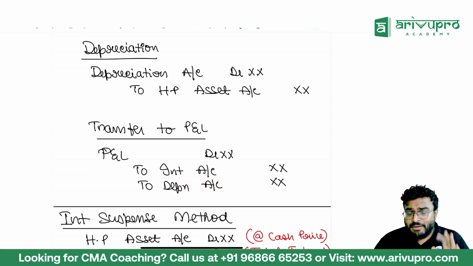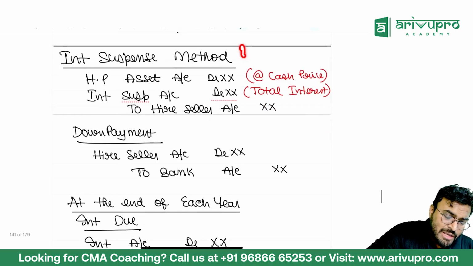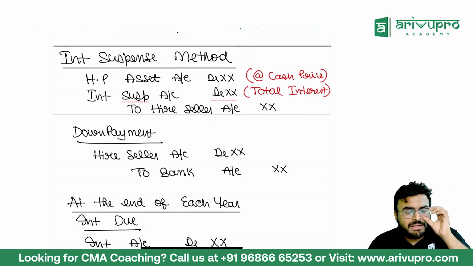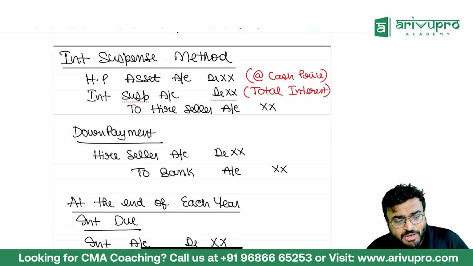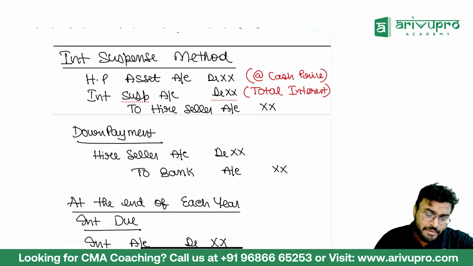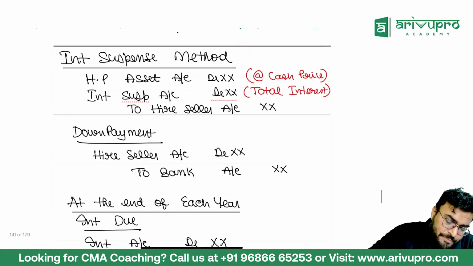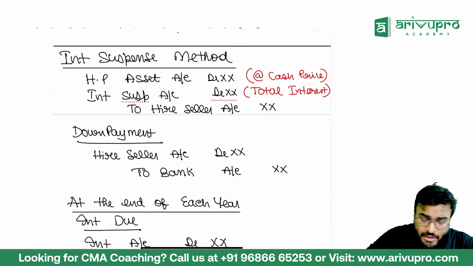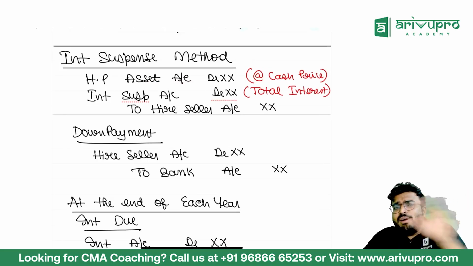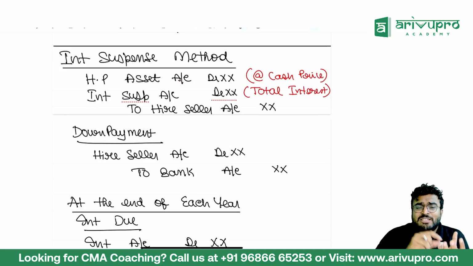This is your method. Next, we move into a method called interest suspense method. Hire purchase asset account debited. Here, at the start, we are going to record the full interest, but interest has to be recorded on the basis of accrual concept. So we cannot record the full interest because we have not accrued it.